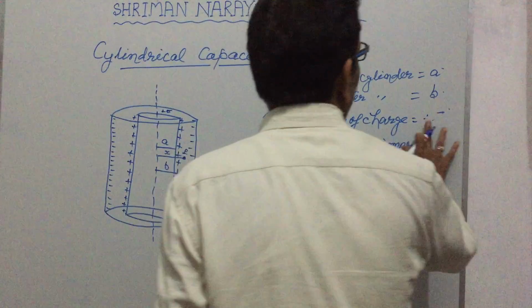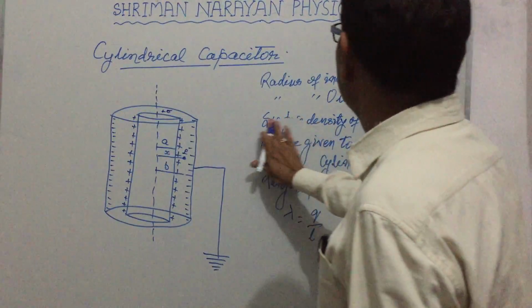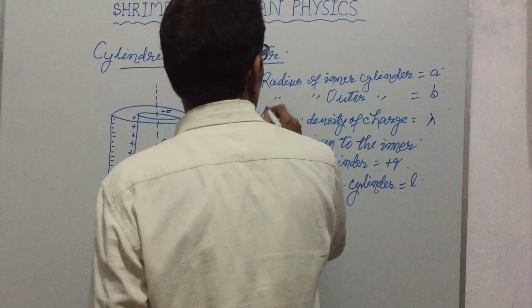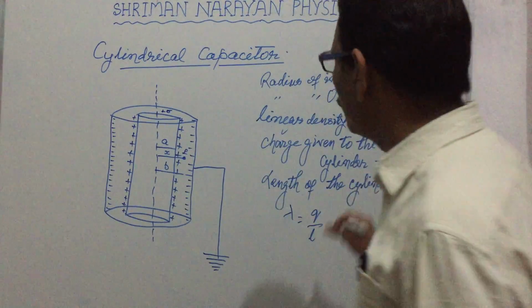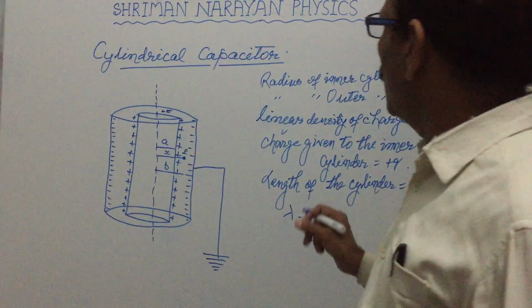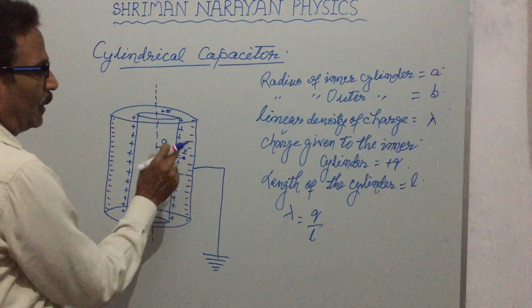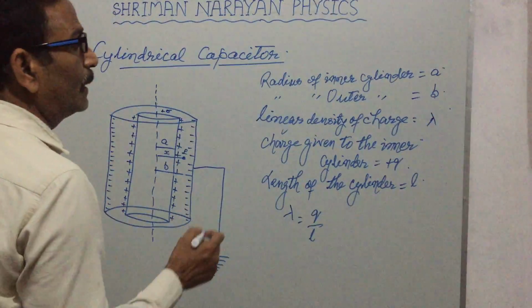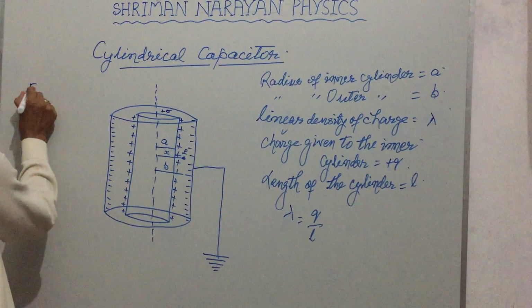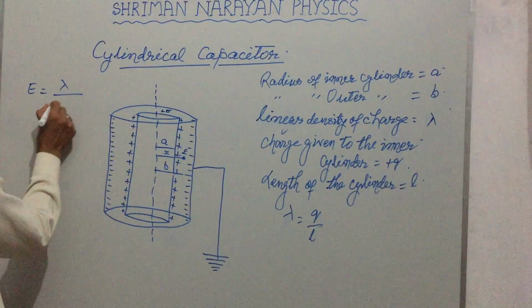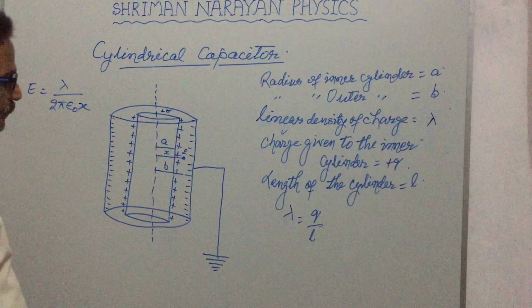So the electric field intensity at the point P can be given as E equals lambda by 2 pi epsilon naught into x.